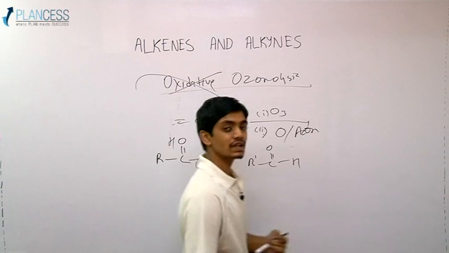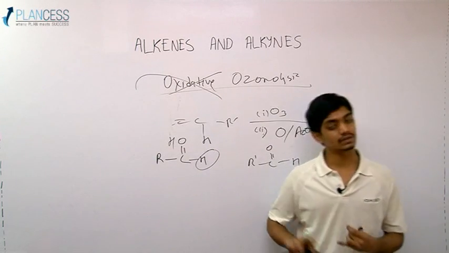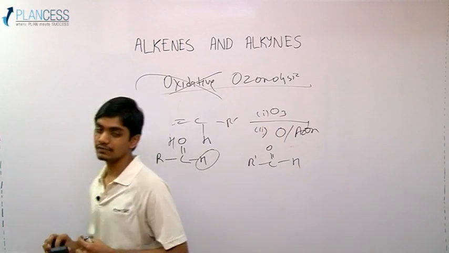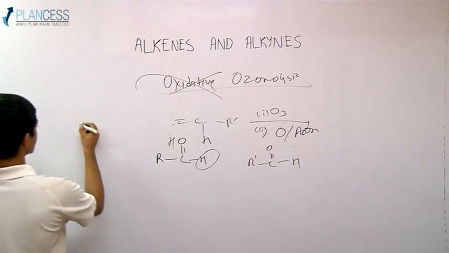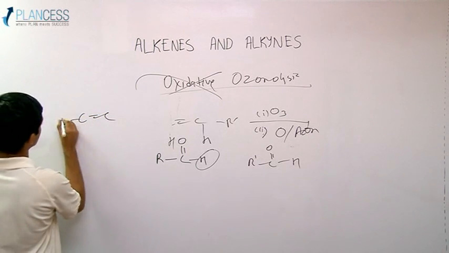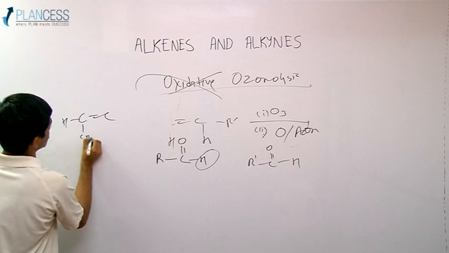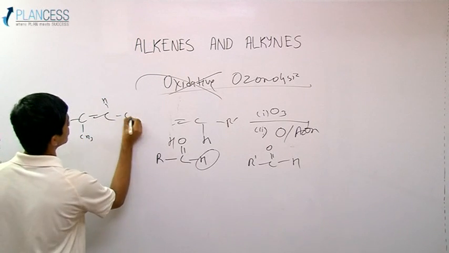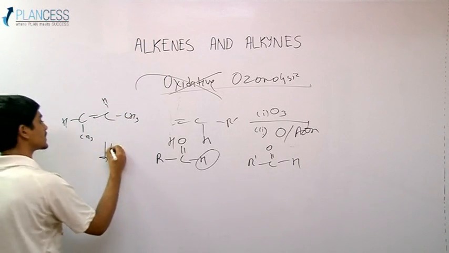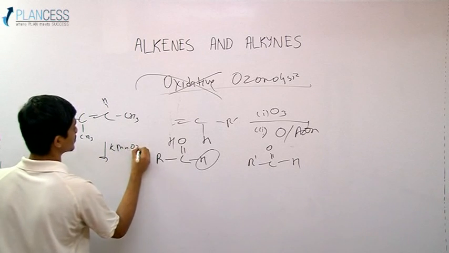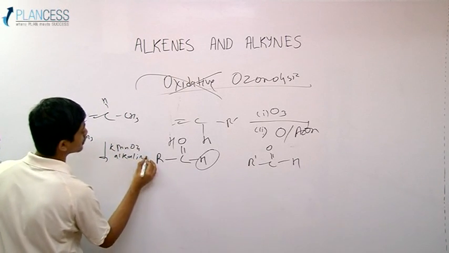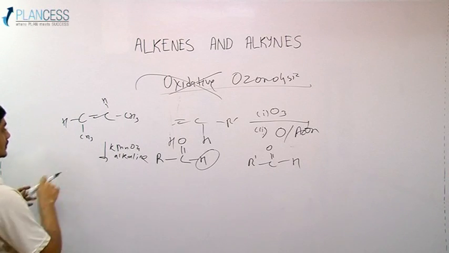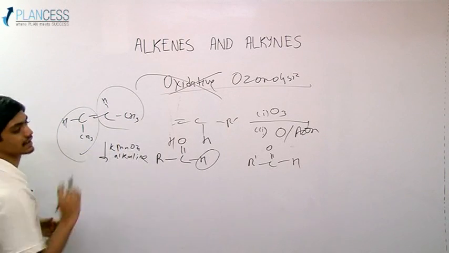For example, let us take H, CH3, H, CH3. If I treat it with cold, dilute and alkaline KMnO4, then I will get the normal products, I will get an aldehyde.